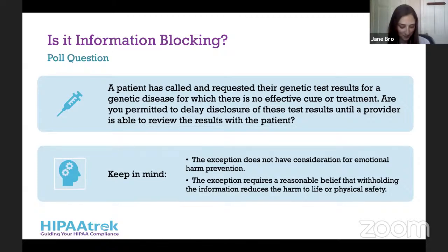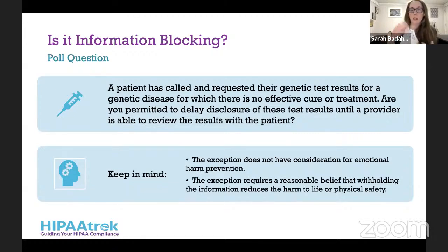So I'm going to say that this depends, right? Because of the way that this question is written, we don't know if this patient has anything that would cause you to believe that there is a risk to harm to their life or physical safety of themselves or somebody else, right?